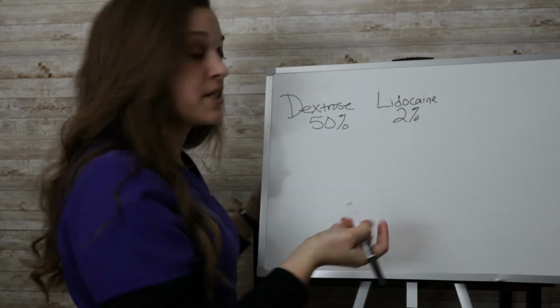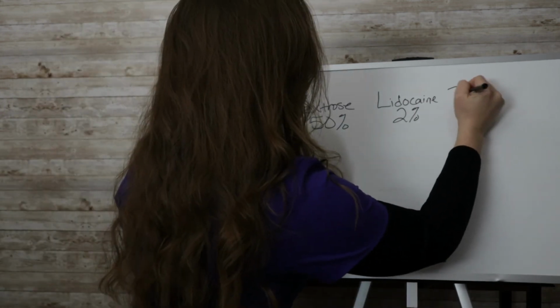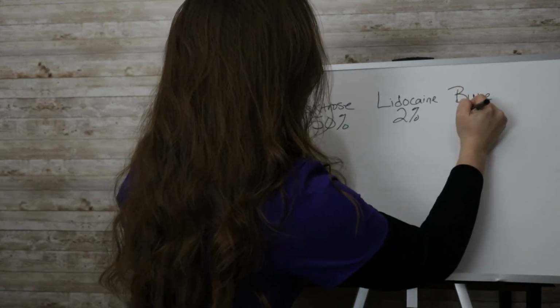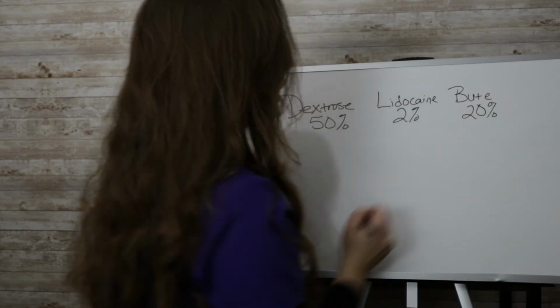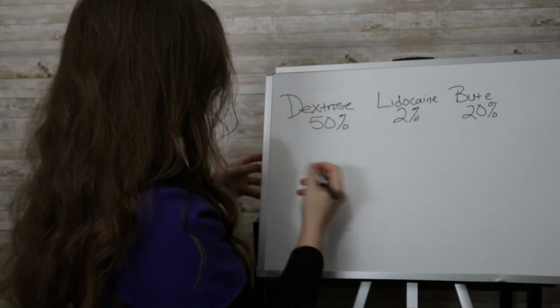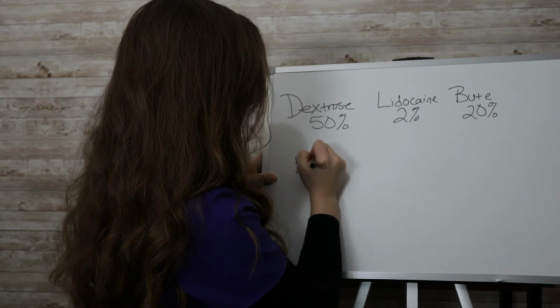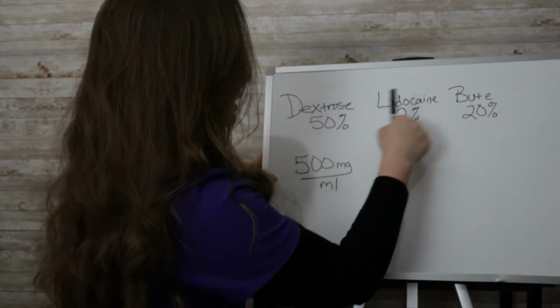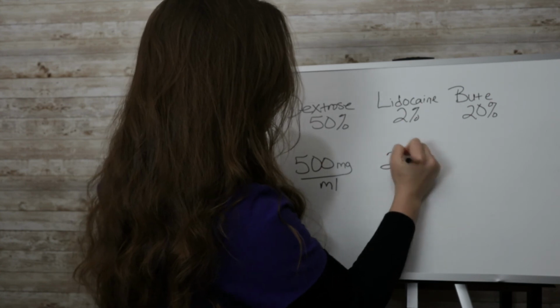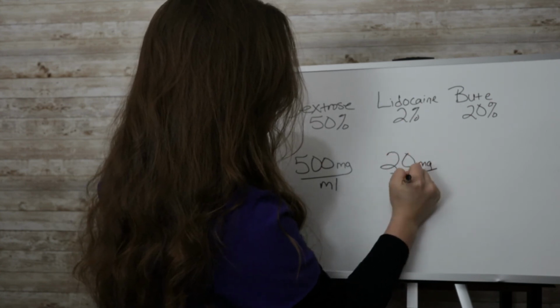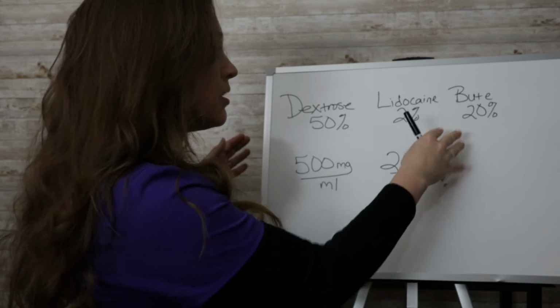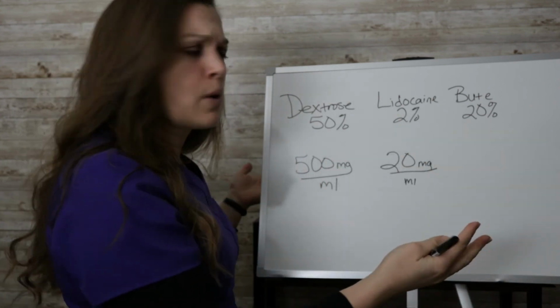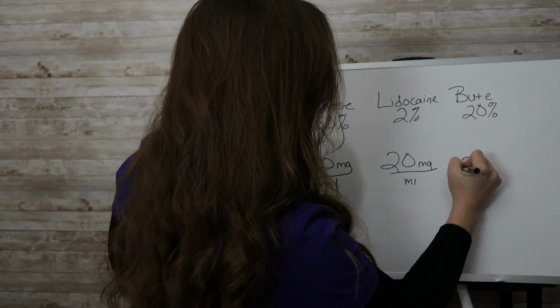Okay, and then our last one was the Butte at a 20%. So we broke these down, right? This one was 500. This one was 20. We didn't do the Butte all the way, but for the sake of what we're doing, this one is 200.